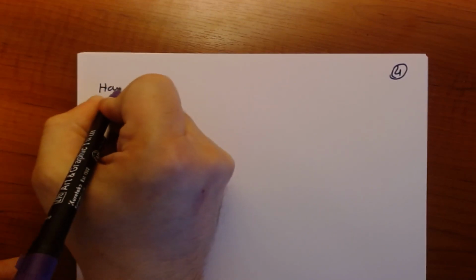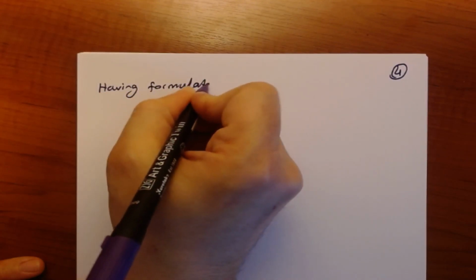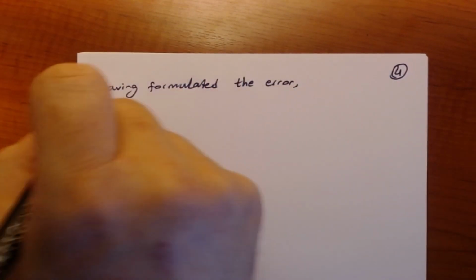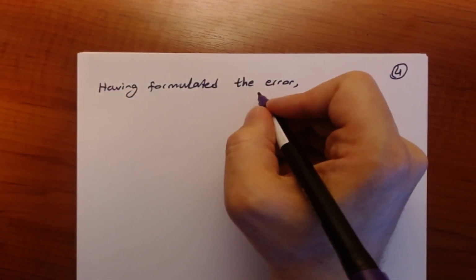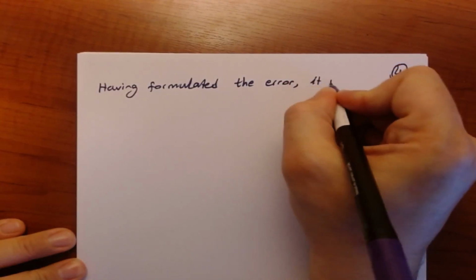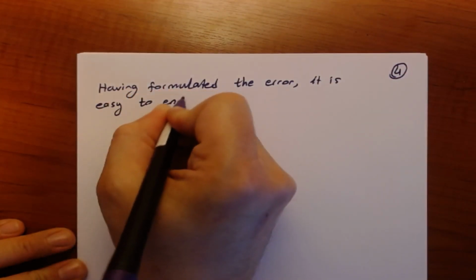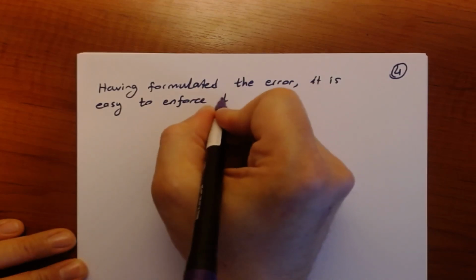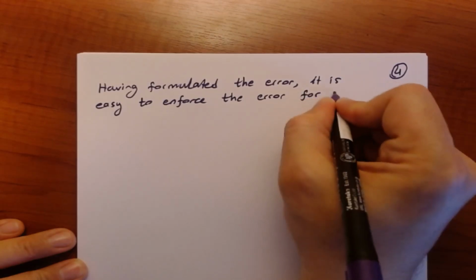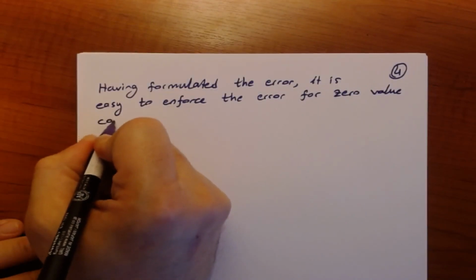Having formulated the error, the remaining part is simply an algorithm, so it is easy to enforce the error for zero value convergence.